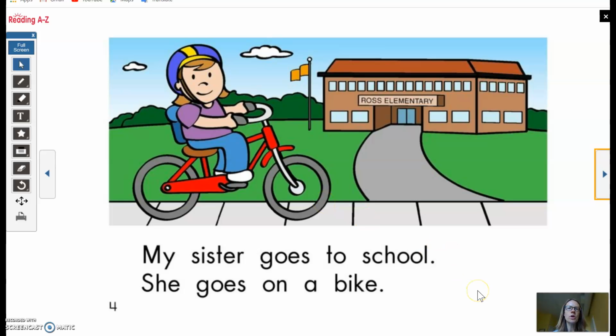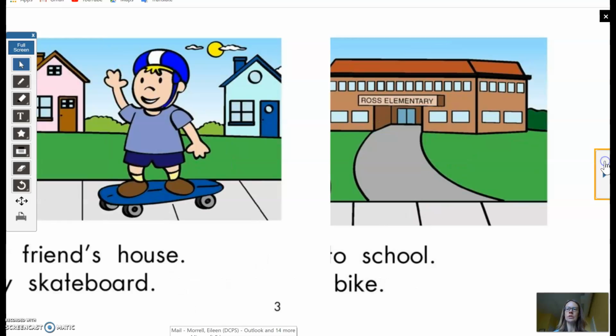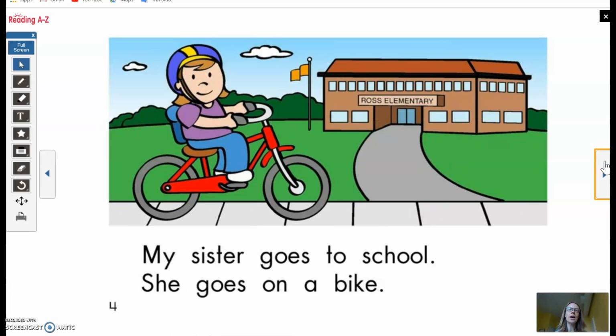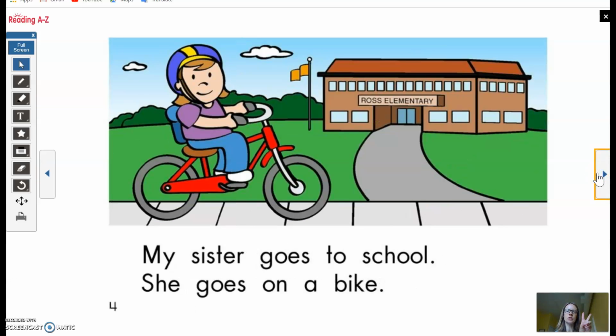How are the skateboard and the bicycle different? You can say the skateboard and the bicycle are different because. Answer that. I could say the skateboard and the bicycle are different because the skateboard has 4 wheels, the bicycle has 2 wheels.